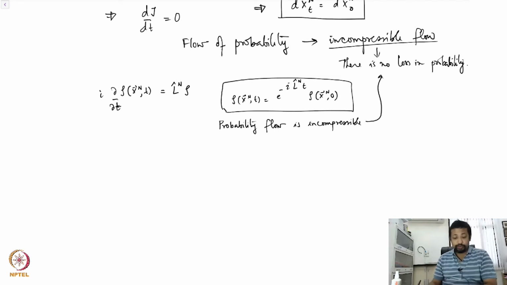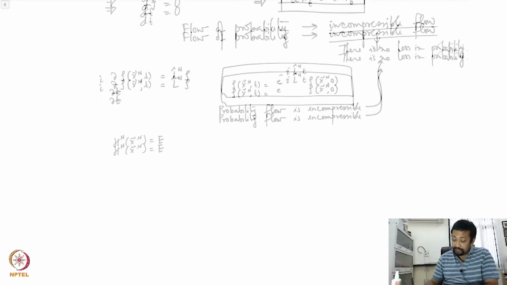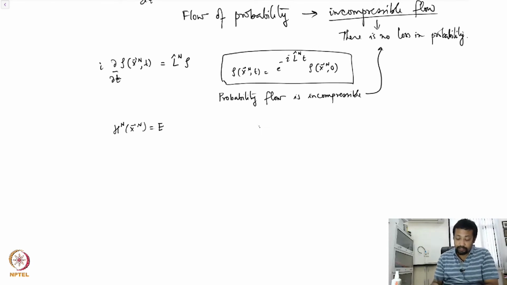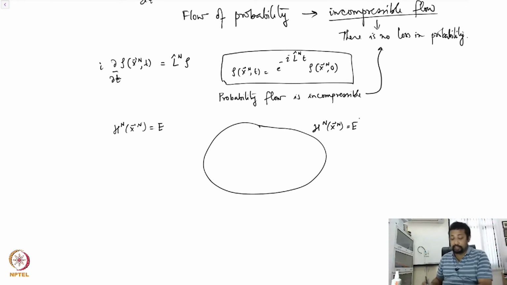So how does one visualize this? You can imagine that there is a hypersurface which is defined by this conservation of energy in the 6n dimensional phase space. So I can imagine that there is a hypersurface which is defined by this equation with the right hand side E a constant.